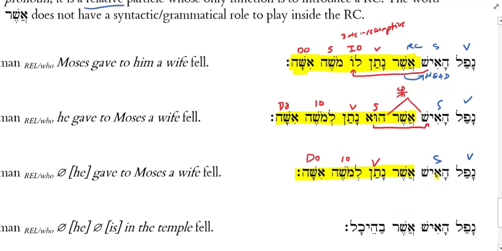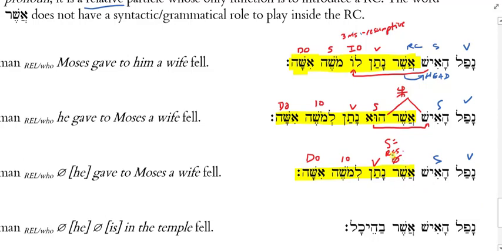What is the resumptive element for Ha'ish inside the relative clause? And do you see the he here? No. The resumptive element is unstated or null. So I'll put that little circle with the slash line. But it's the subject, isn't it? So the man which he, the man, gave Moses a wife, that man fell.